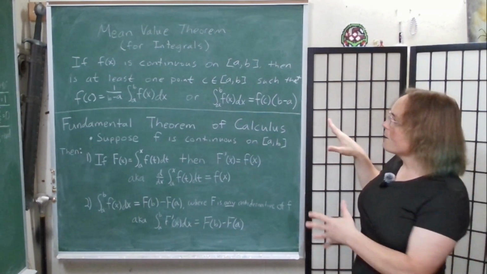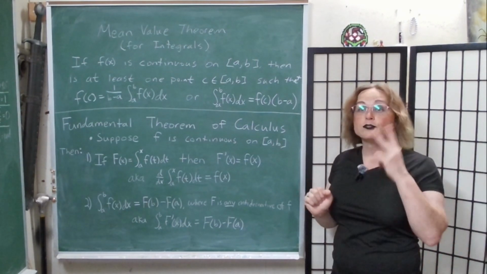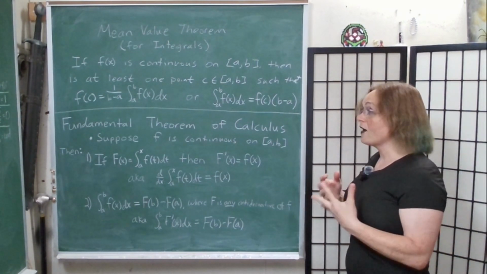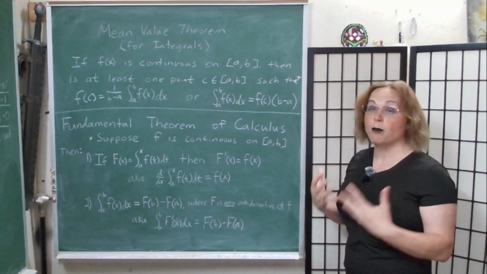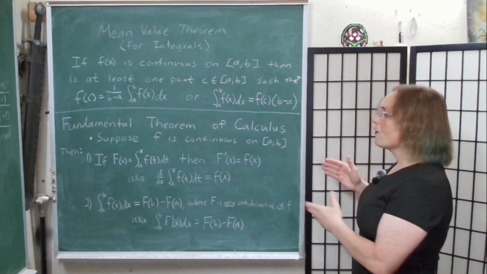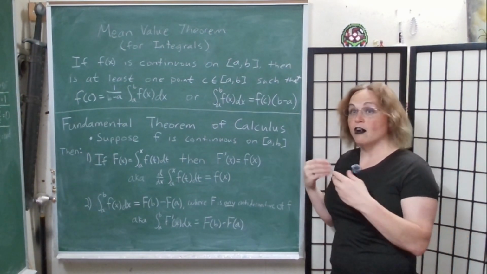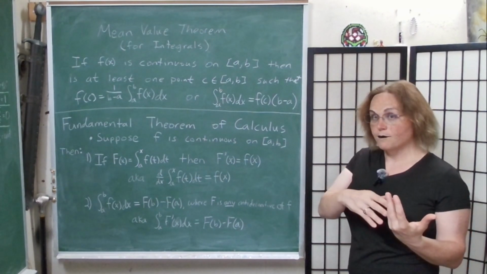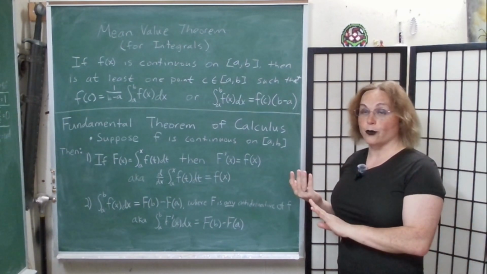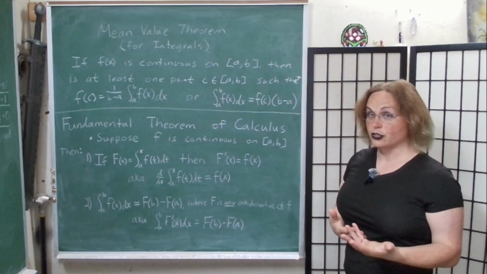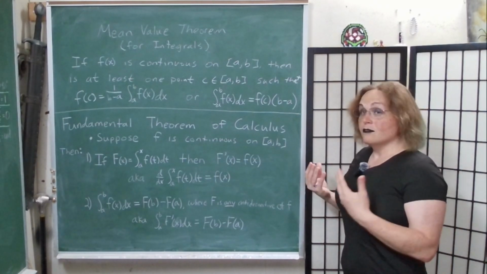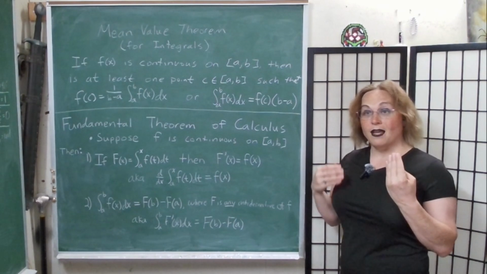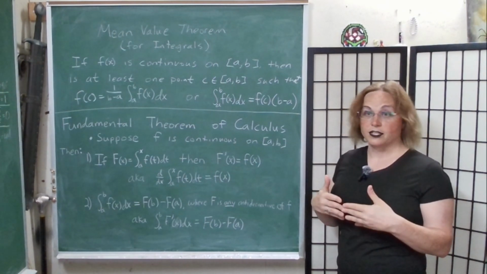So, for the fundamental theorem of calculus, though, we have two parts because it effectively gives us two very important conclusions. The first one is that if we have a function that we take the integral of, and then we take the derivative of that integral, we get back to the original function. That means, effectively, that the integral and the derivative are inverses of each other.